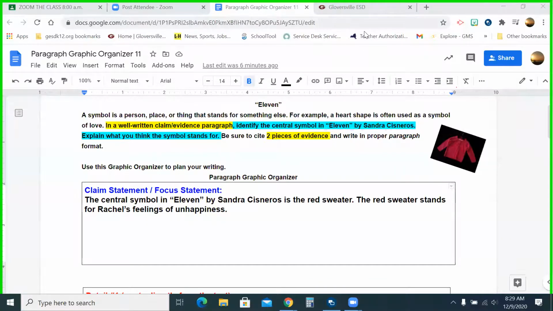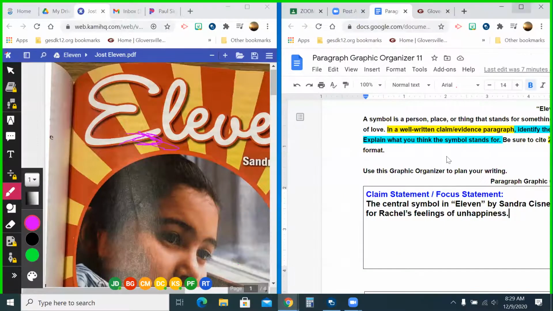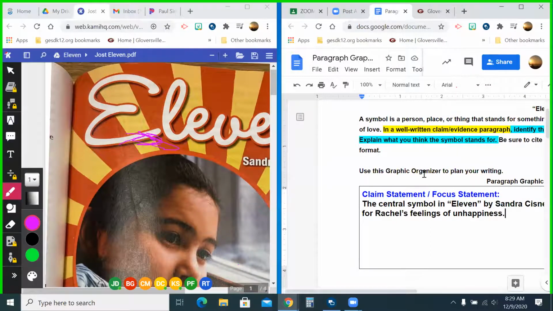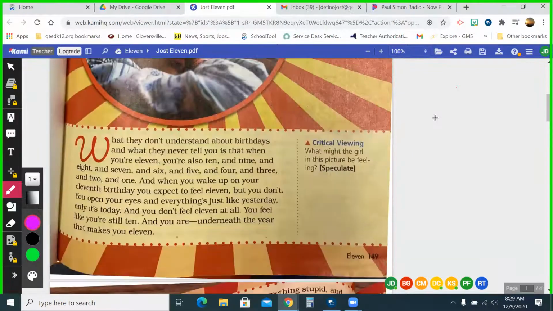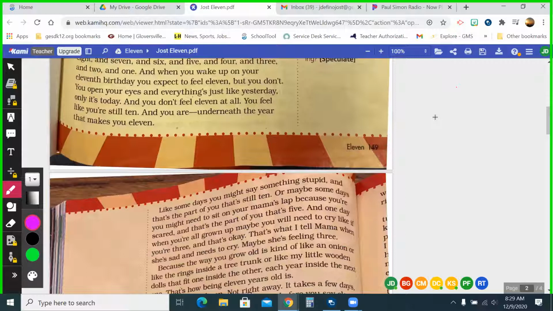So the next thing we need to do is go find evidence in the text of what we just said. We are saying that the red sweater symbolizes Rachel's unhappiness in the story, right? This is the hard part, ladies and gentlemen.